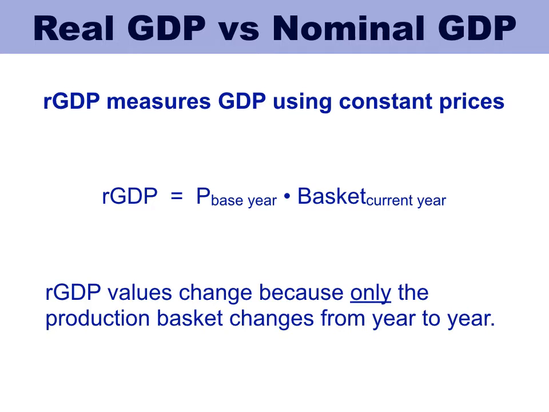This is why it is real GDP, right? Real GDP equals a price which is going to be constant. The same prices are used over and over again, and the basket, i.e. the number of goods and services being produced, is the only thing that's changing. So the basket is what is real, and that's the only thing that's changing. This is why we call it real GDP.